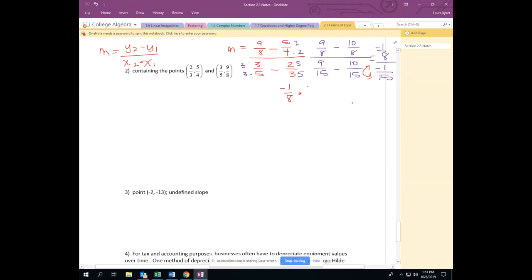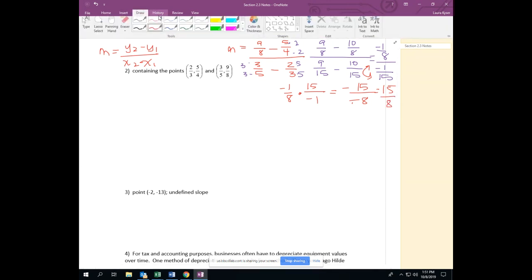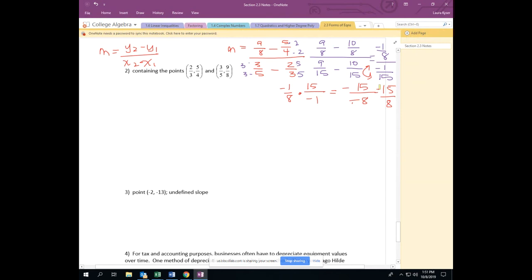So it'll be 15 over -1. And now we multiply. -1 times 15 is -15. 8 times -1 is -8. And that gives me 15 over 8. So all of that only gave me my slope. Positive 15 over 8.